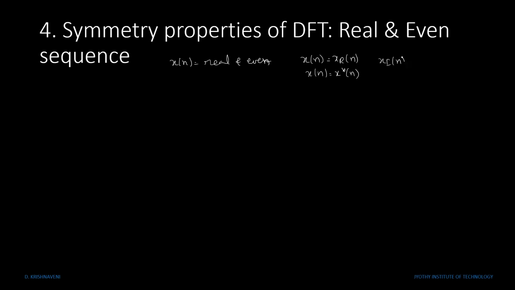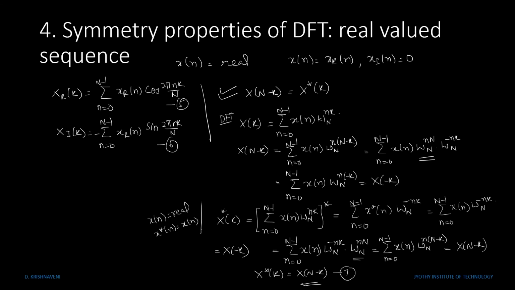Xi of n is equal to 0. And now here x of n is even as well. So when x of n is real, we came across these two, equation number 5 and 6, and now x of n is real and even also.